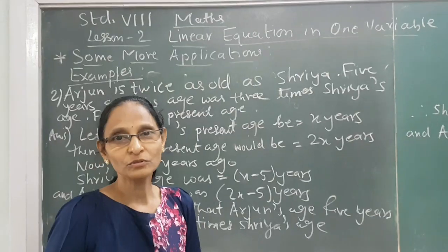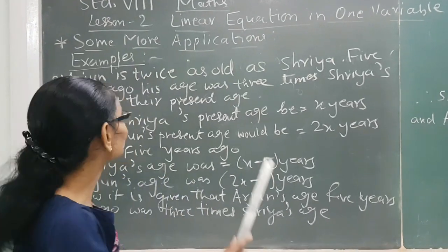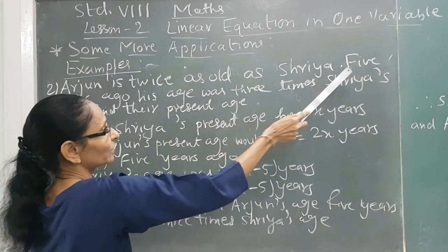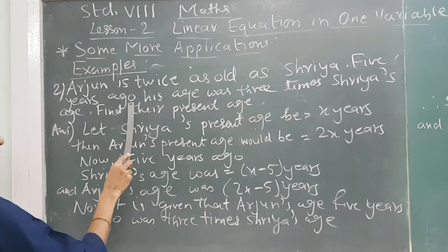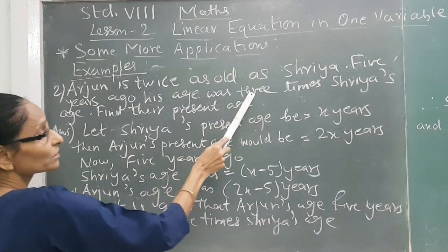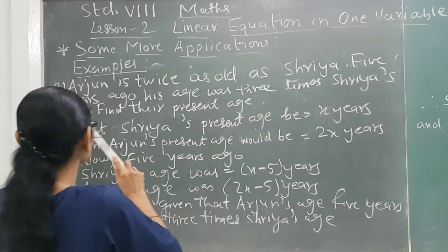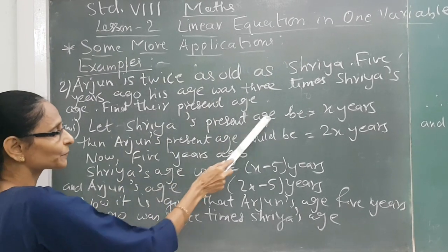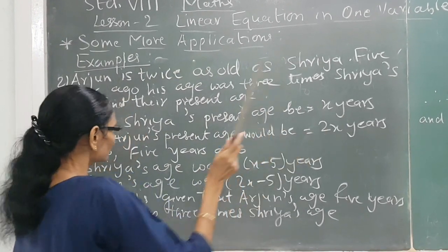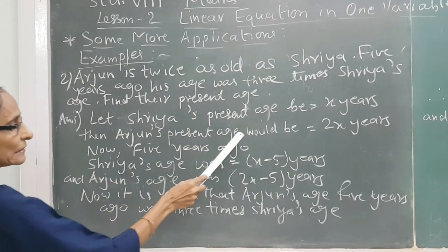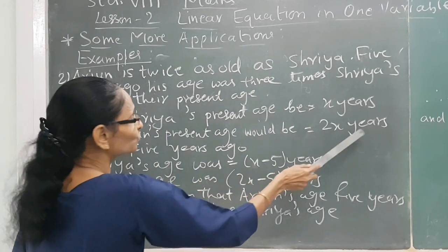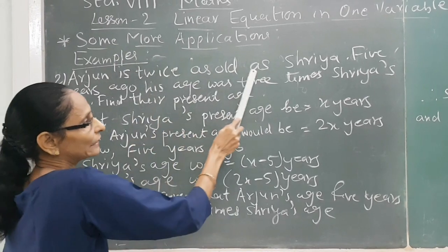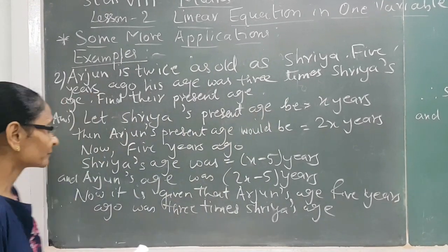Clear? Example number 2. Arjun is twice as old as Shriya. 5 years ago, his age was 3 times Shriya's age. Find their present ages. Now let Shriya's present age be x years. Then Arjun's present age would be 2x years. Why? Because it is given in the question that he is twice as old as Shriya.